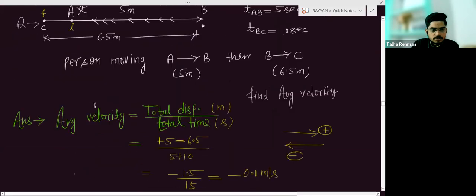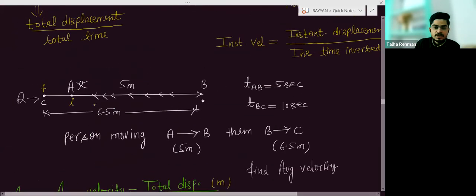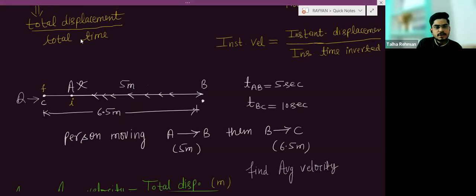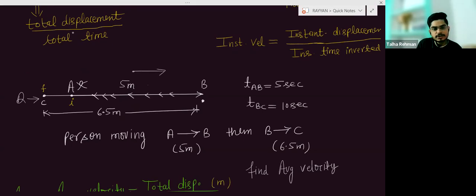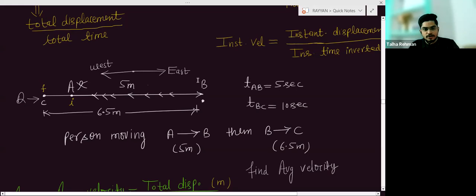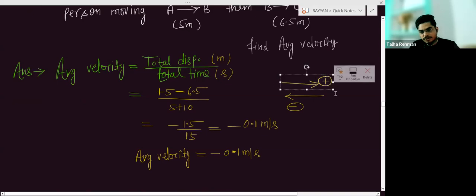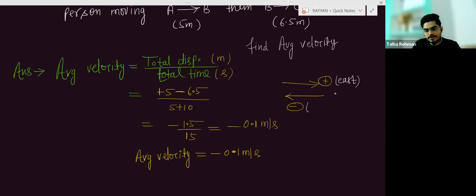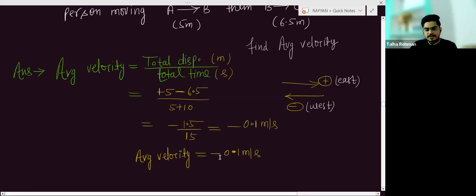Suppose in this question I am changing a little bit. This direction is east, and this direction is west. Now it will be clear. You have taken the east direction as positive and the west direction as negative, so you are getting the answer minus 0.1 meter per second average velocity.